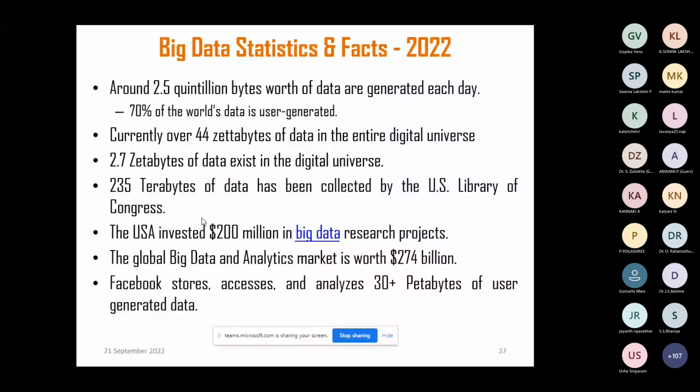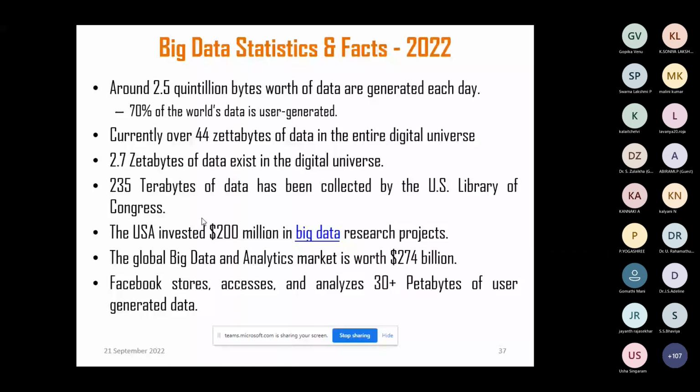And nearly 200 million has been invested in recent years, especially for big data projects by the USA government. And the global big data and analytics market is worth about 274 billion. This is an interesting fact, and that is the reason why they say there is a huge demand, a huge market, for this particular technology.